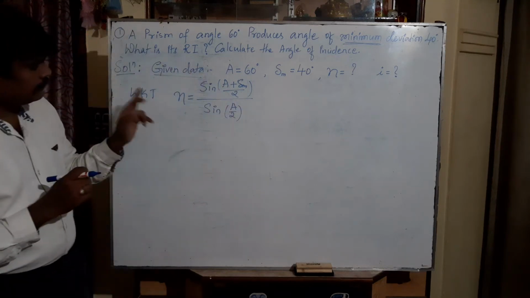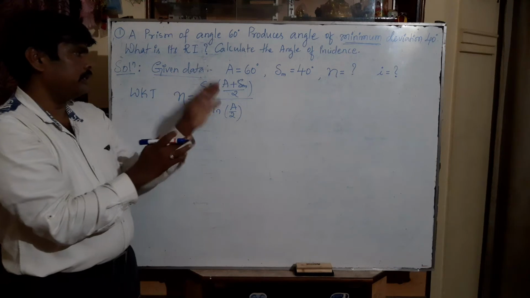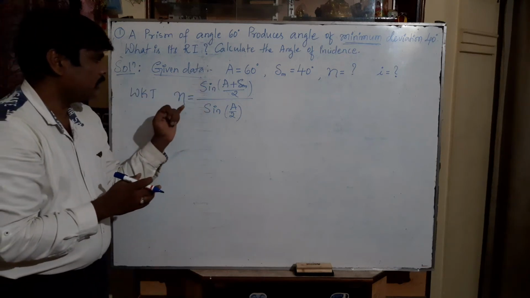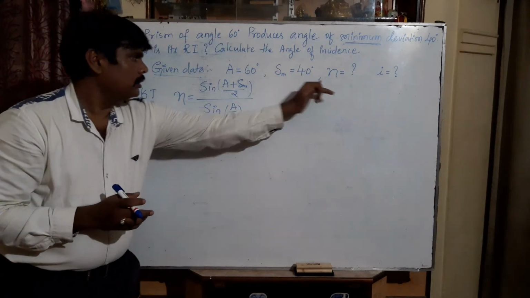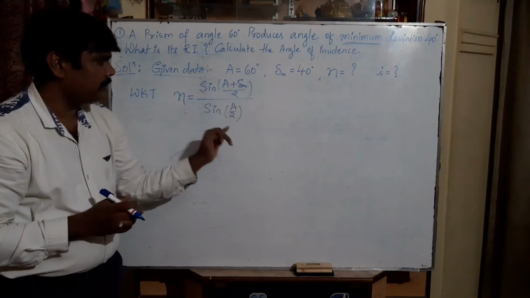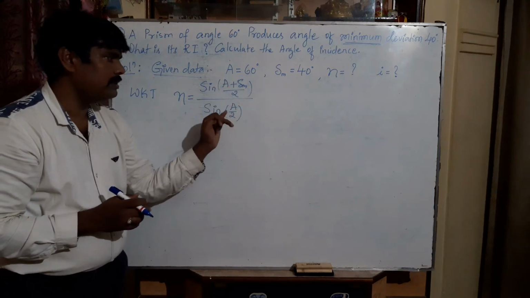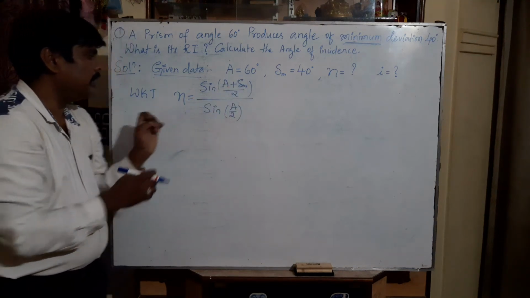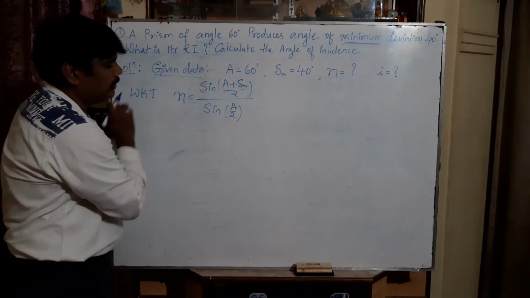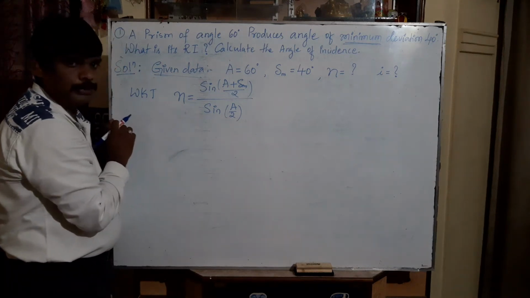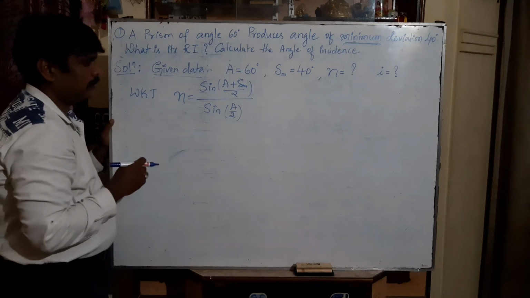See, this is the required formula to solve this problem. Because n we have to calculate, and A and delta m are given. These two variables are given. The calculated variable is the refractive index of the prism when it is placed in the air medium.